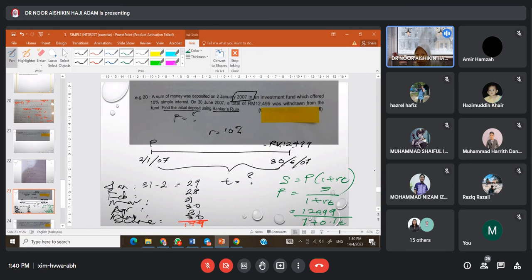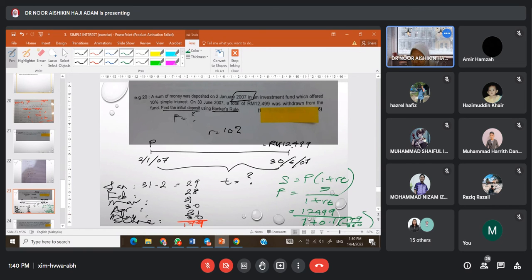Oh, T kita dah tahu. T is 179 over 360. So 0.1 times 179 over 360.